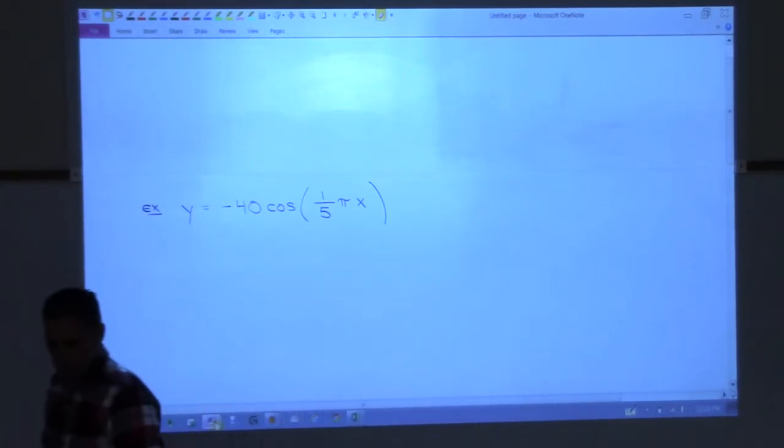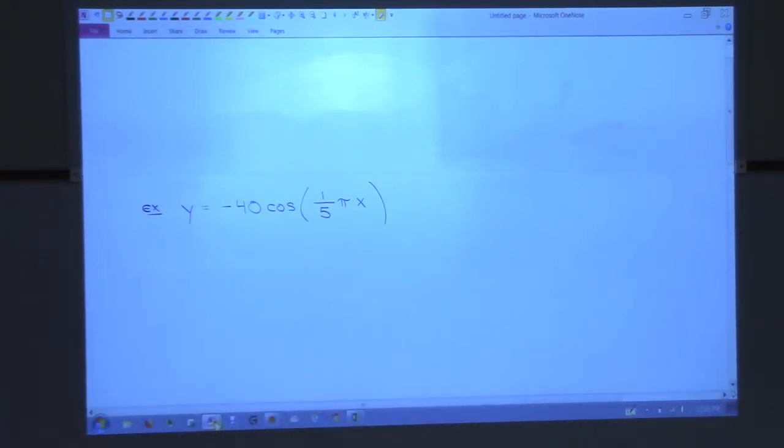There you go. I would like for you to graph that cosine function. Help each other out. And we'll take some time on this, okay? At least a good 10 minutes.